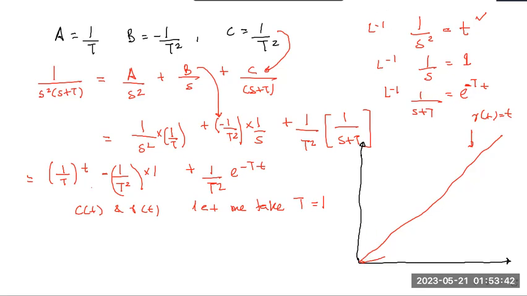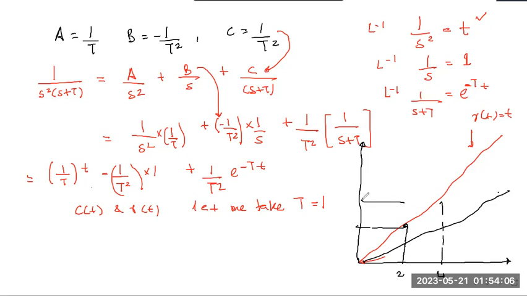I'll take a different color. So I draw a different function over here. Let this value be 2, and this is the 2 value here. At this point, this value would be 4.